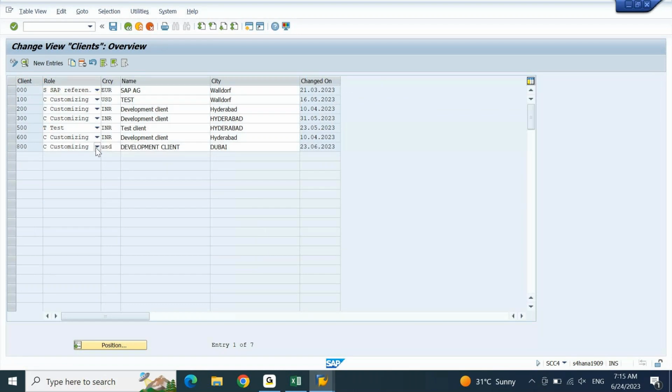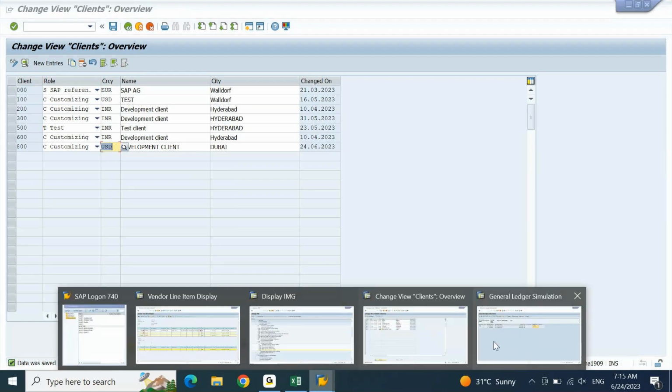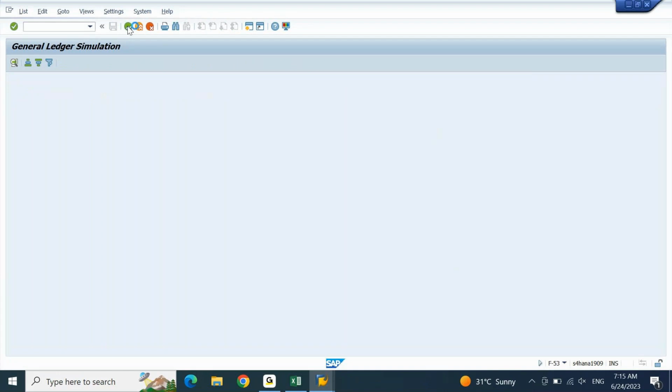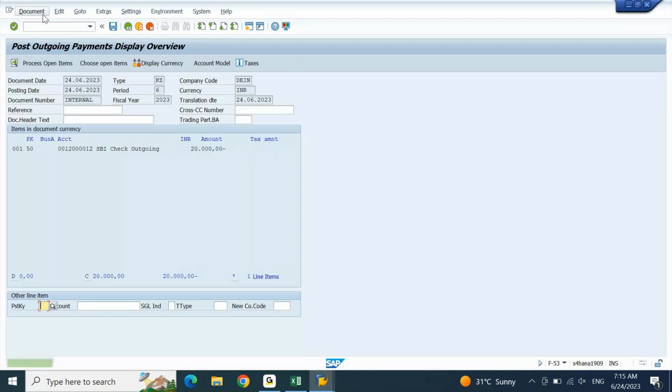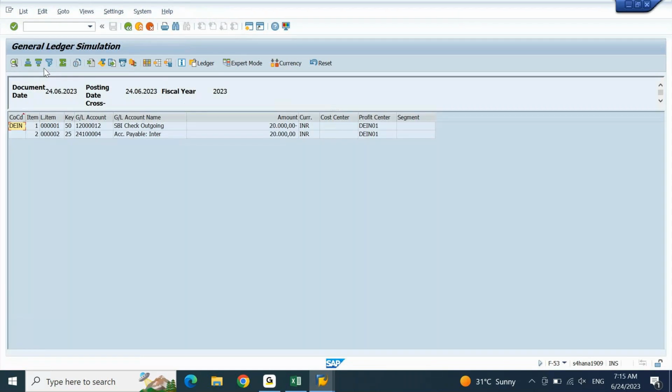Dollar, save it. Let me come back. Simulate general ledger once again. Now is the system able to split the profit center? Now the system is able to split the profit center.